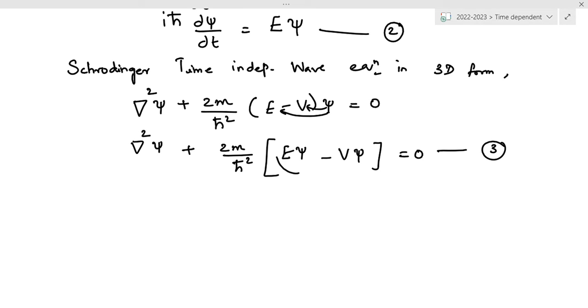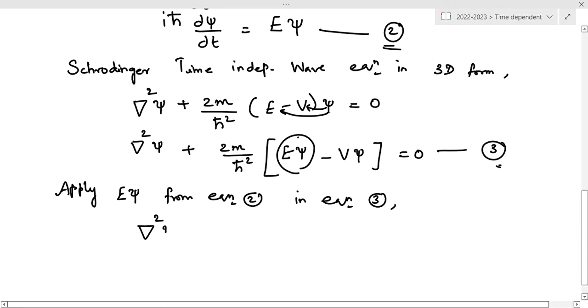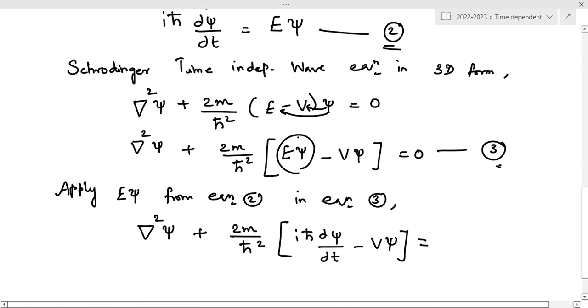Now substituting the E psi value from equation 2 in equation 3, we get del square psi plus 2m by h cross square i h cross dou psi by dou t minus V psi is equal to 0.